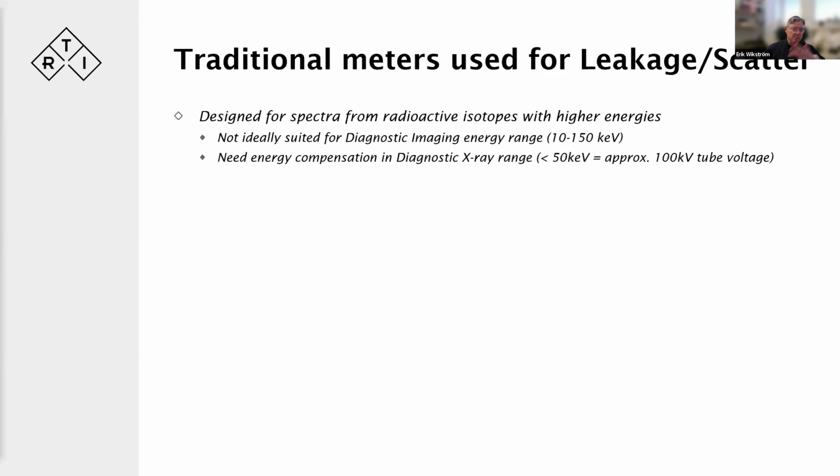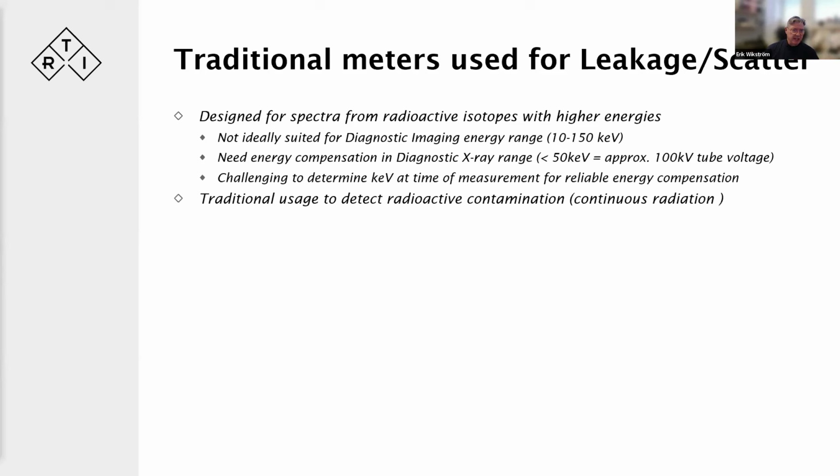And of course, that's the mean energy, not the acceleration voltage, it's the mean energy of the spectrum. You can estimate the keV, the mean energy, but it is challenging to do that in a reliable way to get a proper energy compensation. So there are some risks in there.